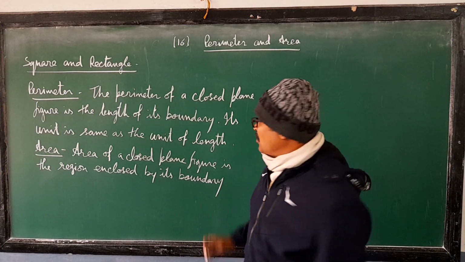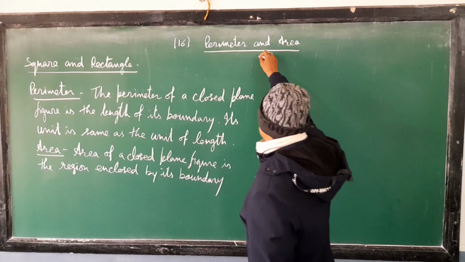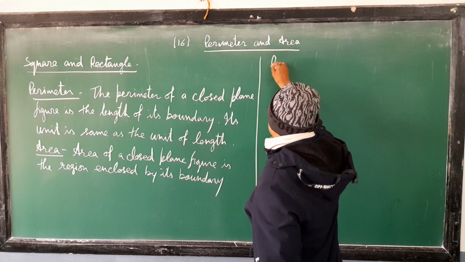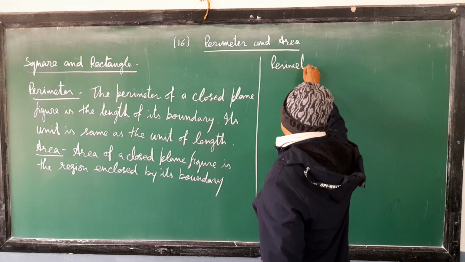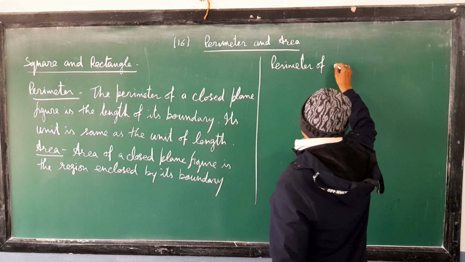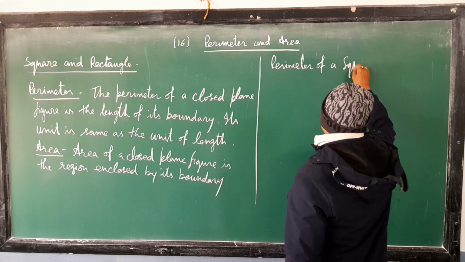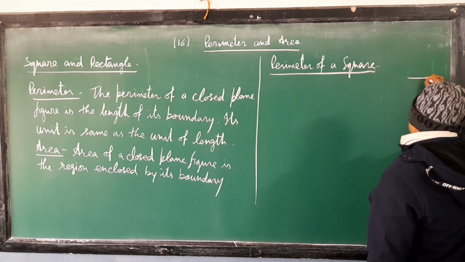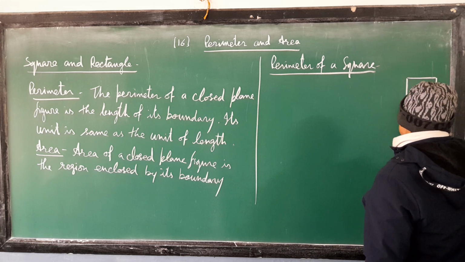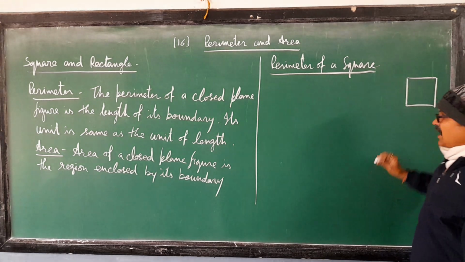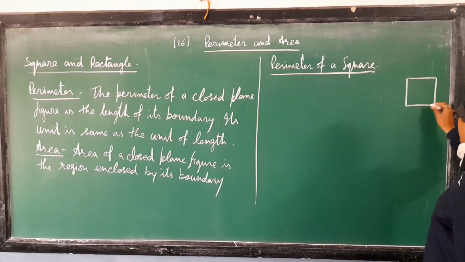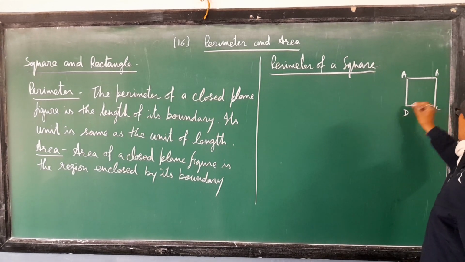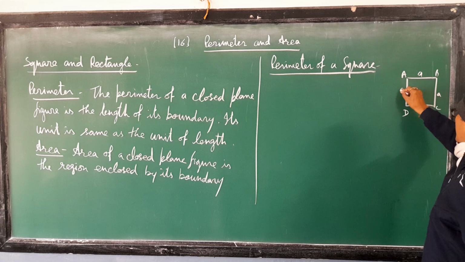Alright? So now we can take some shapes, just like square. Perimeter of a square. You know the shape square is like this. Suppose this is a square ABCD, and the length of all its sides is equal, say a.